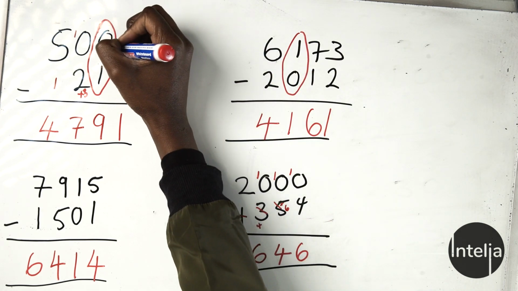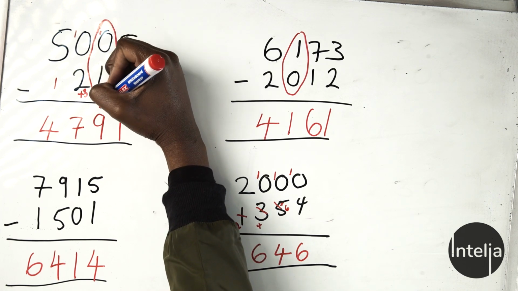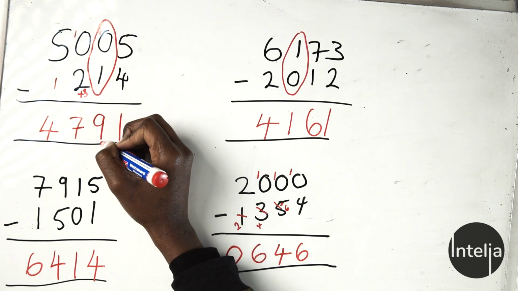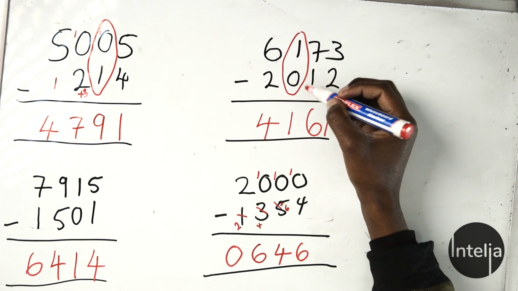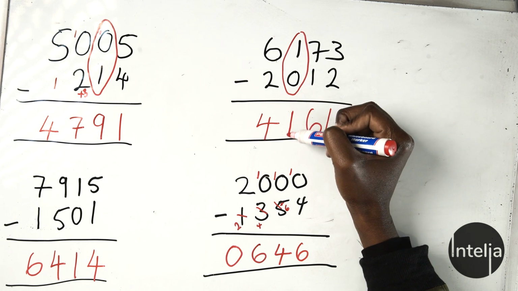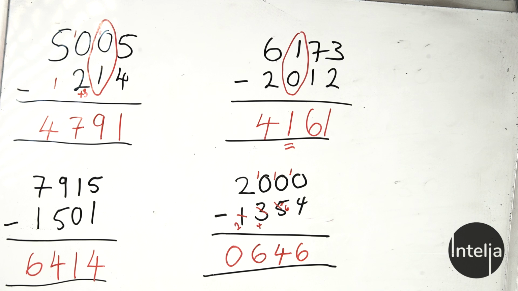So whenever you have a situation like 0 minus 1, you always add a 1, and then you subtract. Then it gives you 9, like here. And then here, 1 minus 0, you can subtract the 1. It gives you a 1. Then you write your 1 here. So this is how you do your subtraction each and every time you're doing your subtraction of numbers of 3s or of 4s.